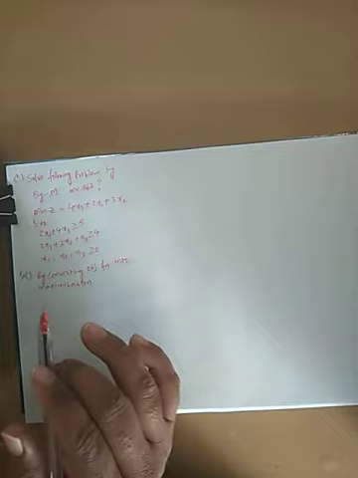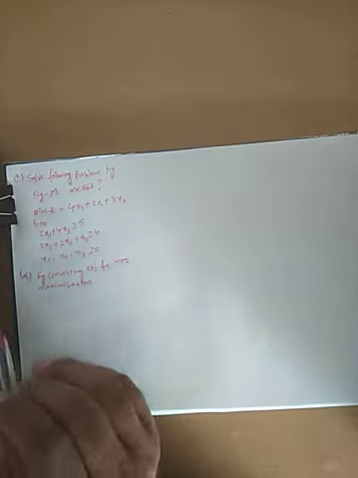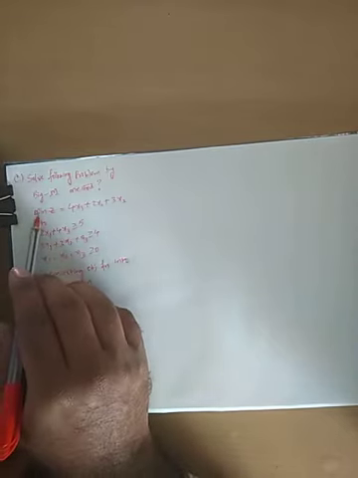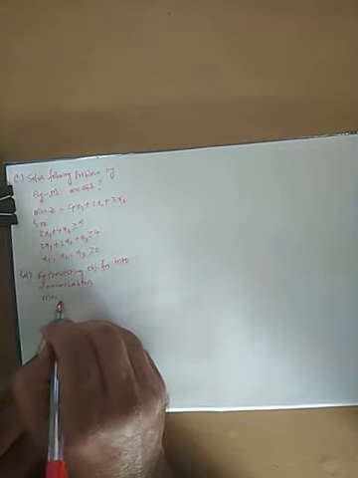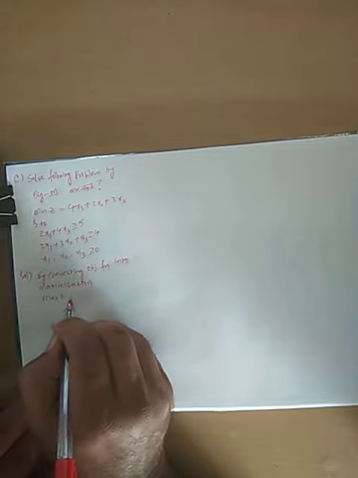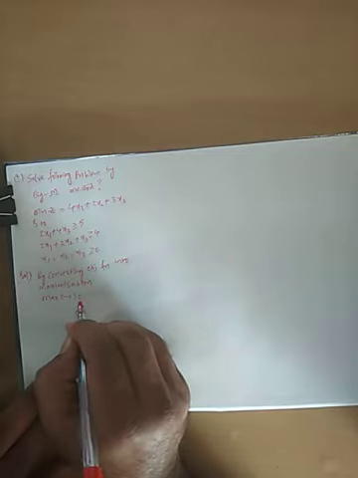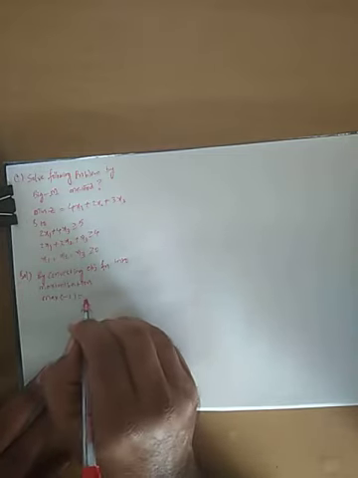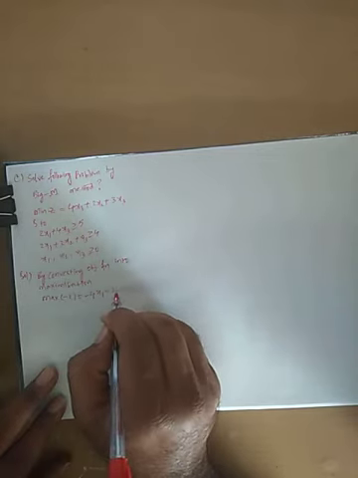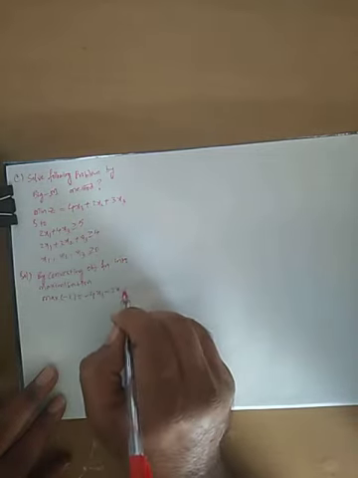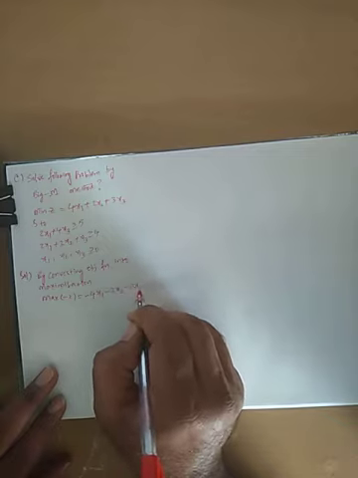To convert, multiply by minus 1 on both sides. Minus 1 into min z becomes max minus z, that is the LHS. Then the RHS becomes minus 4x1 minus 2x2 minus 3x3.